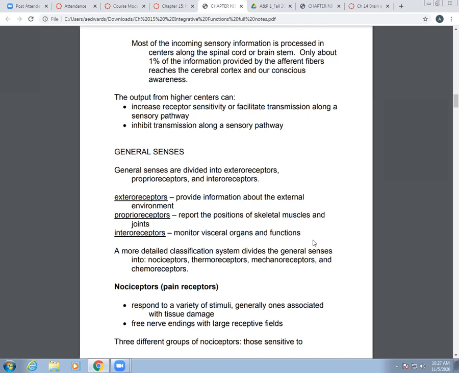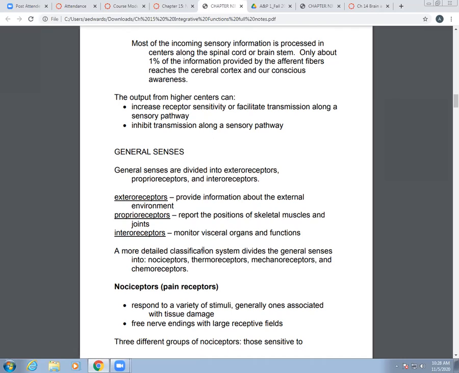Can we handle this on our own, right? If they can, they do. If it needs to go to the brain, then it goes through. All right. So output from these higher centers can increase the sensitivity of the receptor, or it could facilitate transmission along that sensory pathway. But it could also inhibit transmission along the sensory pathway, okay?